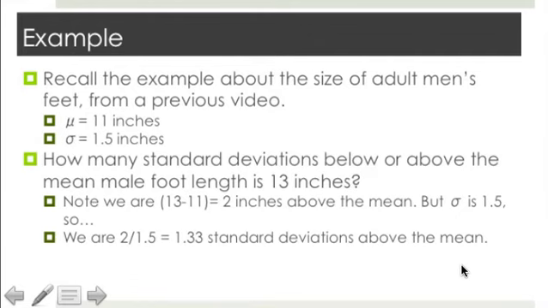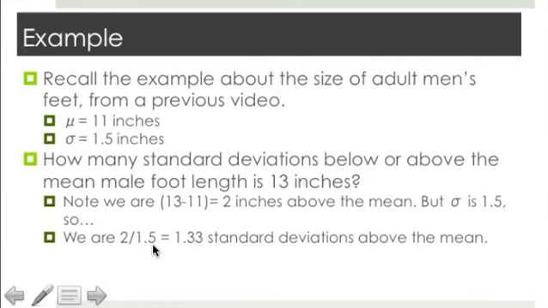So notice what we're doing here is we're saying, okay, we have a foot that's 13 inches long. We know that the mean is 11, so we know we're 2 inches above the mean. We also know that the standard deviation is 1.5, so we know we're above the mean, and we know that we're a little bit more than 1 standard deviation above the mean. In fact, we are actually 1.33 standard deviations above the mean.